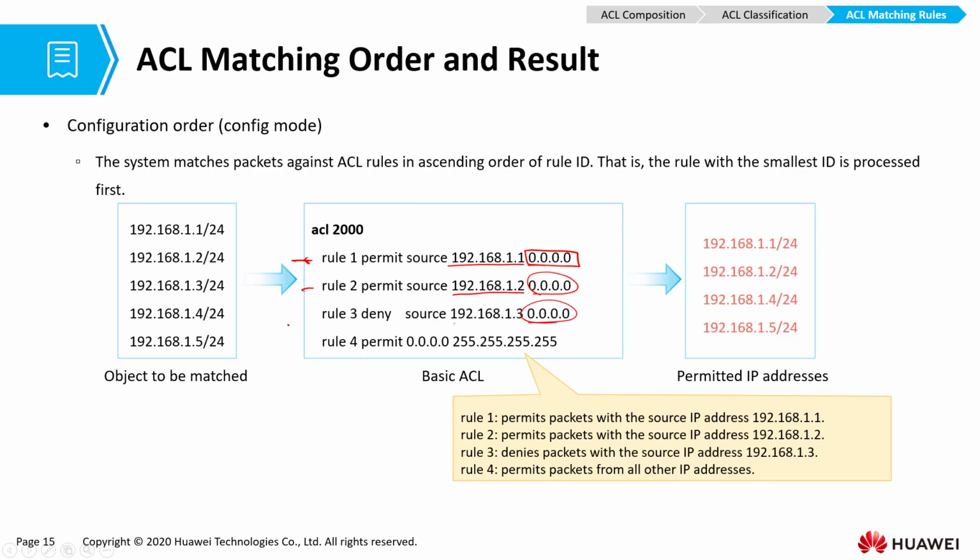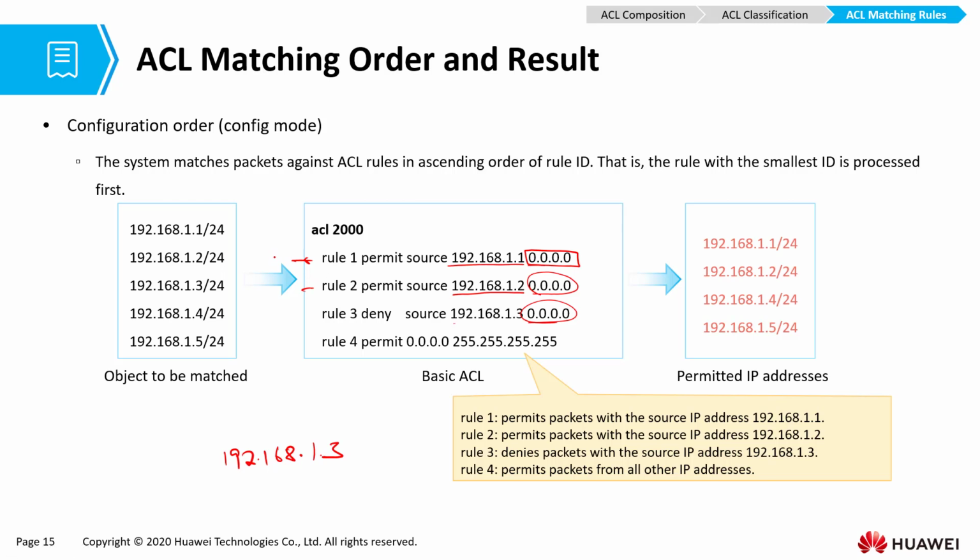So let's see. What happens if traffic comes from 192.168.1.3 and reaches this device right here? What is going to happen? Well, as we said, the first rule will be matched first. There is no skipping.